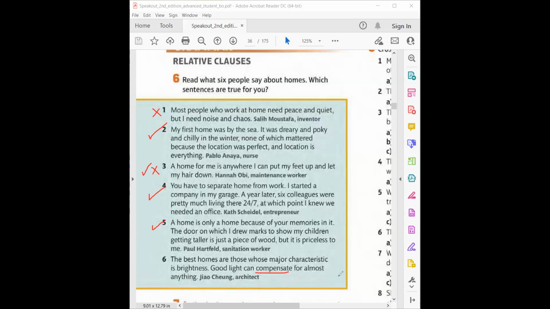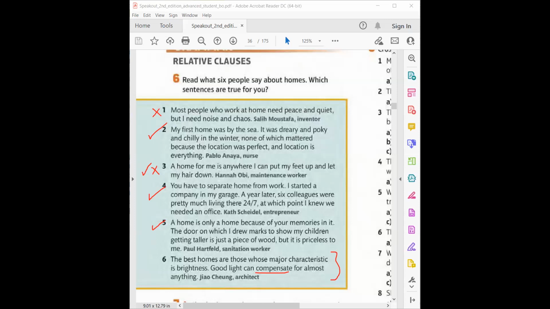So they just want to tell you a good home has good lighting. Did you understand? Kind of. It means a good house is just the house that has good lighting, or good lights. I don't know.